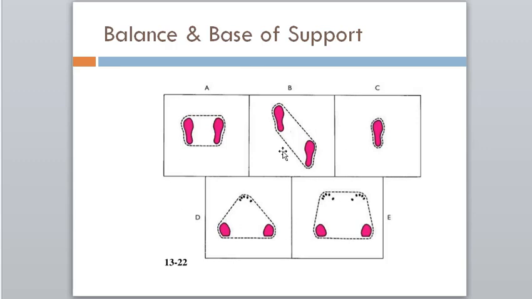The more stable someone is, the less resources they have to commit to balancing just to perform the exercise, so they can put all their resources towards the exercise itself. As they become more competent, it becomes more second nature. Then you want to make it more challenging, and you can challenge those resources by distracting them, by making them stabilize while they're producing the activity.